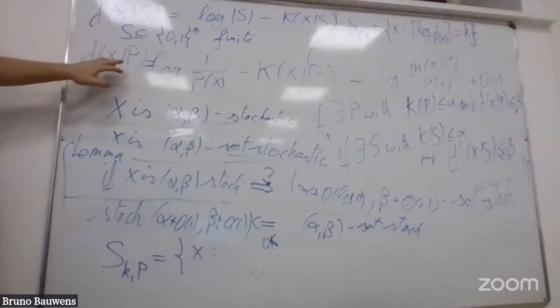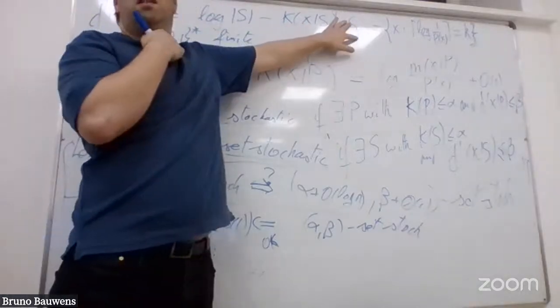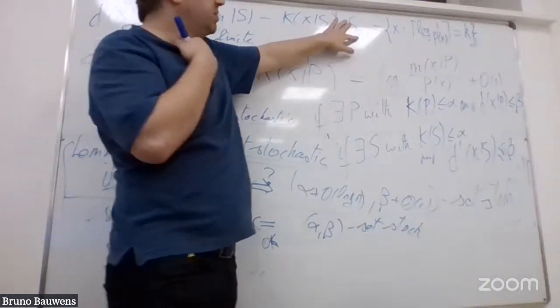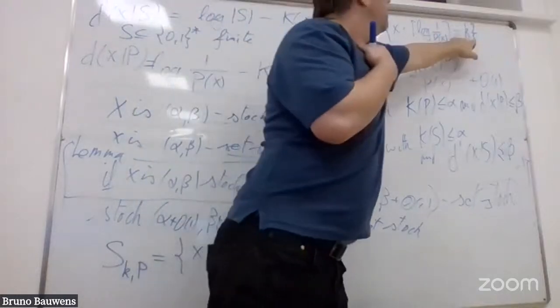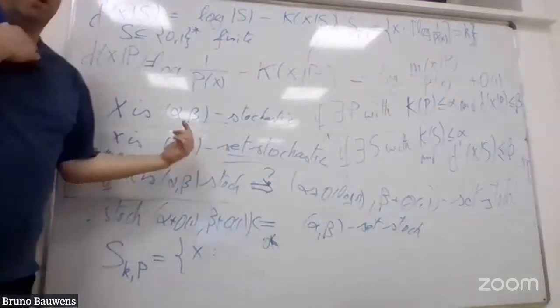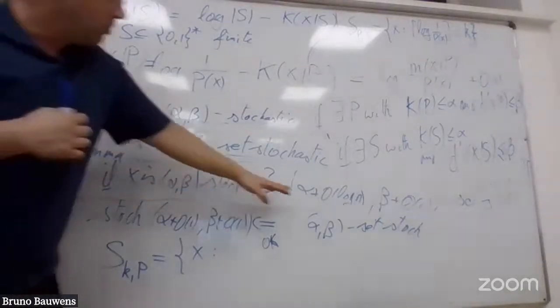So let P be alpha beta stochastic, so the complexity of P is at most alpha. And so we understand that the complexity of this set must be at most alpha plus order log n, because we can compute it from P plus the value of K, which must be smaller than the length of X. So this is order log n information.